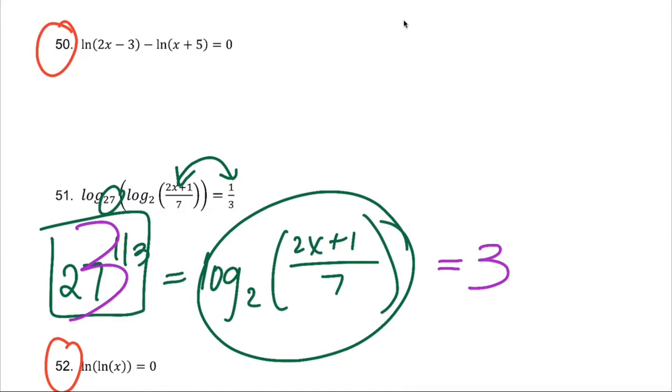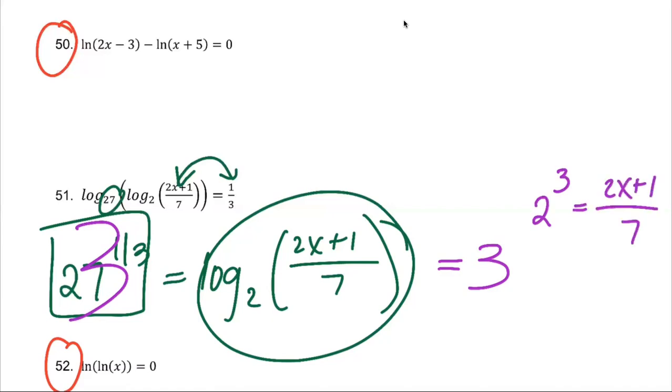So now I am gonna do the same process all over again. So now I'm gonna convert it to exponential one more time. It's like working from the outside to the inside, kind of. So if I convert it again, I'm gonna say that 2 to the third equals 2x plus 1 over 7.